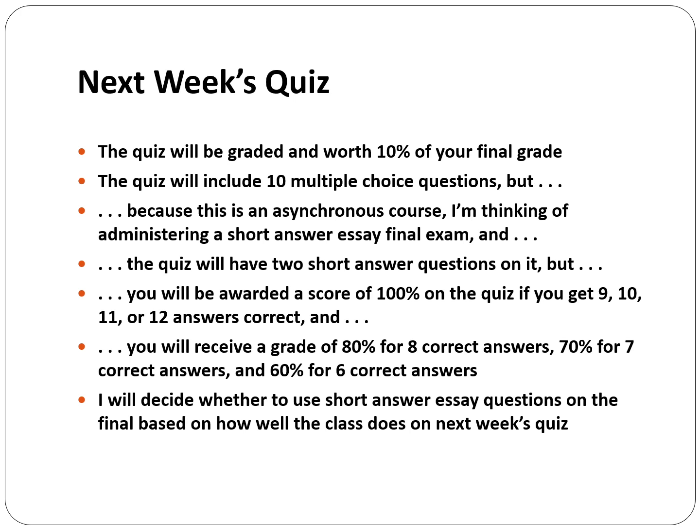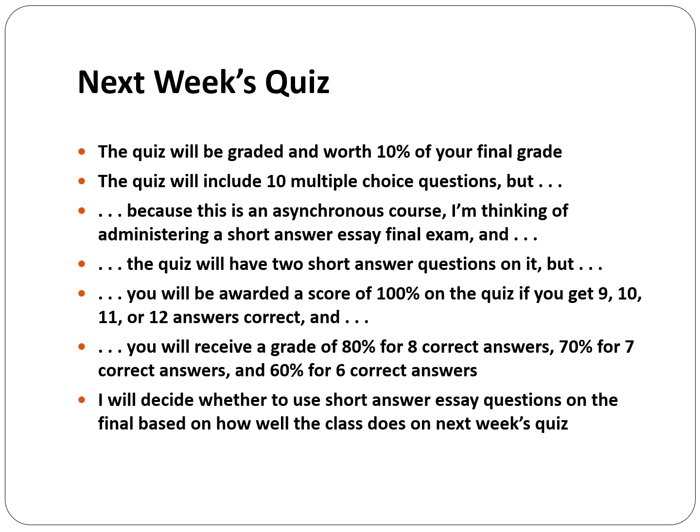So I'm including, I'm sorry, I'm including 2 short answer essay questions on the quiz next week. But to be fair, I don't want to have people get penalized if they don't do so well on those short answer essay questions on the quiz next week.